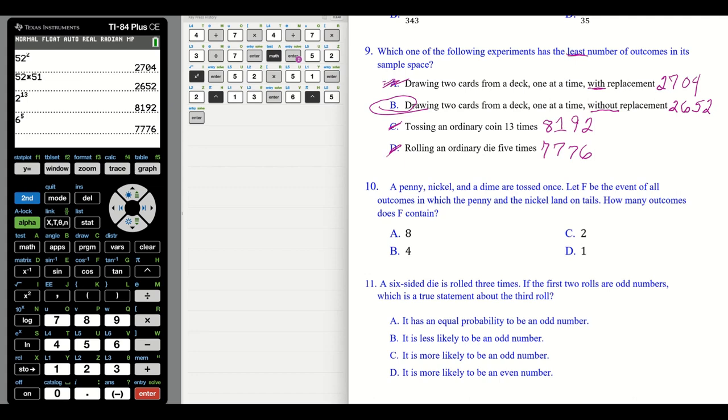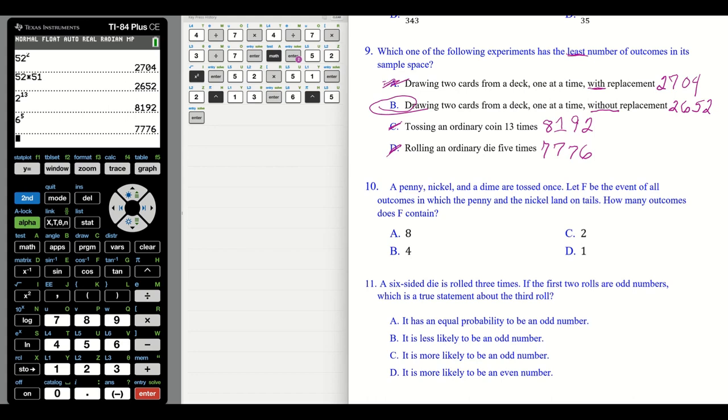Number 10, a penny, nickel, and a dime are tossed twice. Let F be the event of all outcomes in which the penny and the nickel land on tails. How many outcomes does F contain?